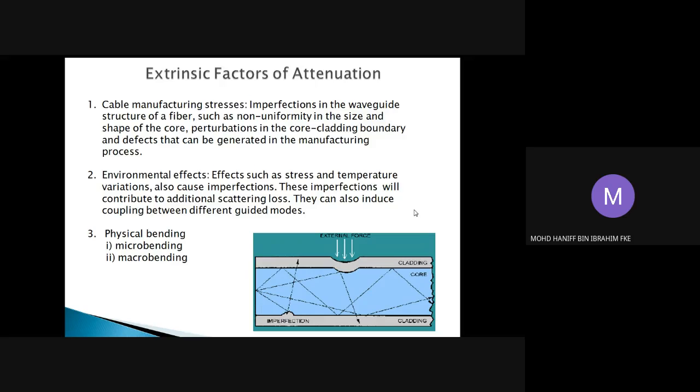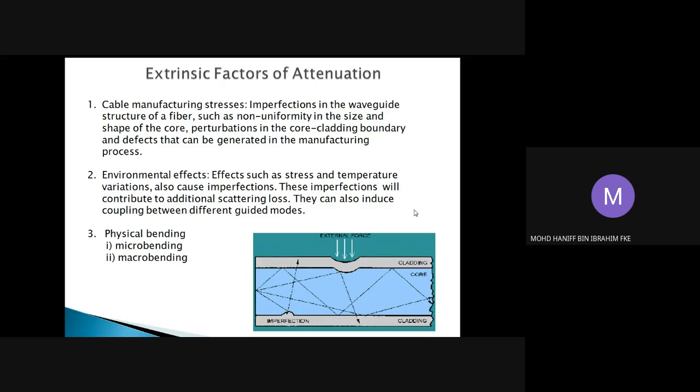The first one is cable manufacturing stresses. Basically this is about imperfections in the waveguide structure. For example, we have non-uniformity in the size and shape of the core. Let's say we have a 6 micrometer core diameter.